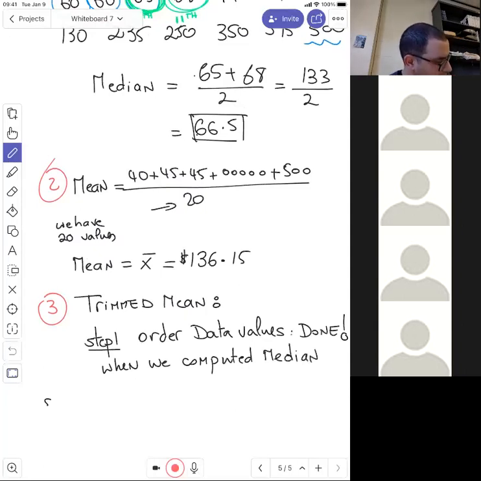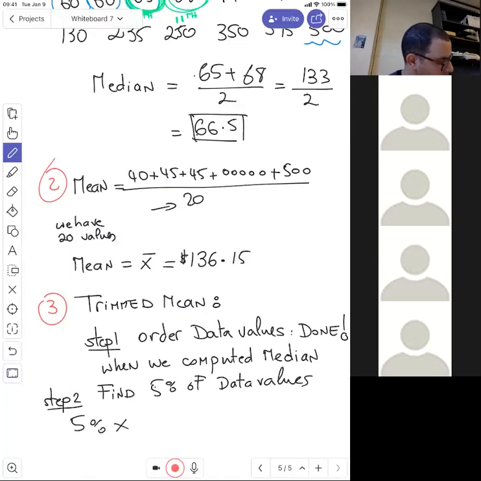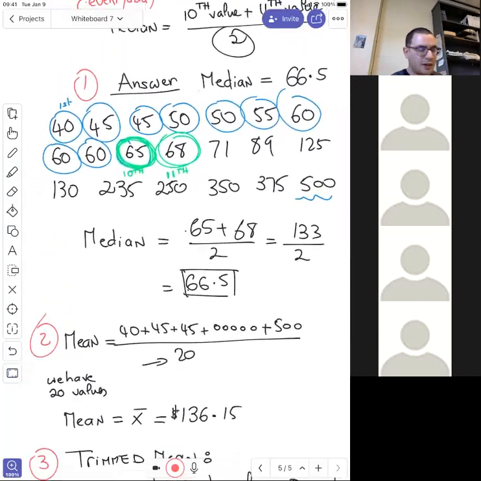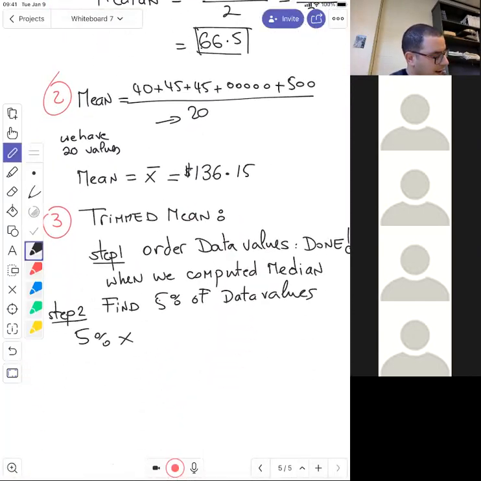All right, now step 2, we need to find the 5% of data values. What will be the 5% of data values? So it's 5% times, how many values do we have? We have 20 values, right? The size of the sample is 20.